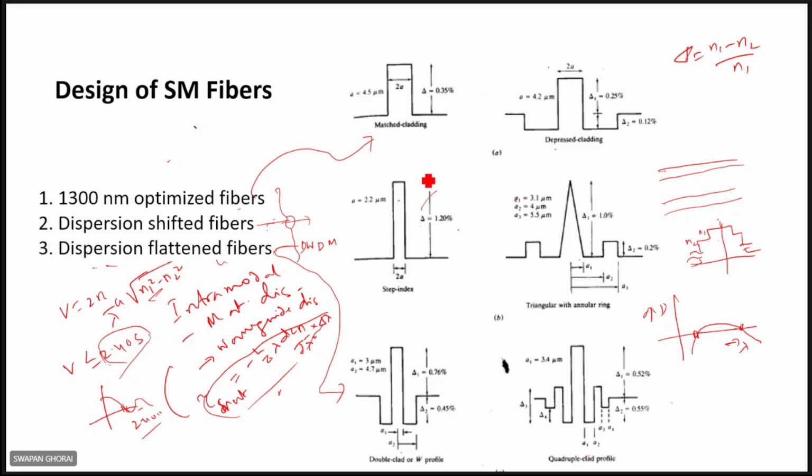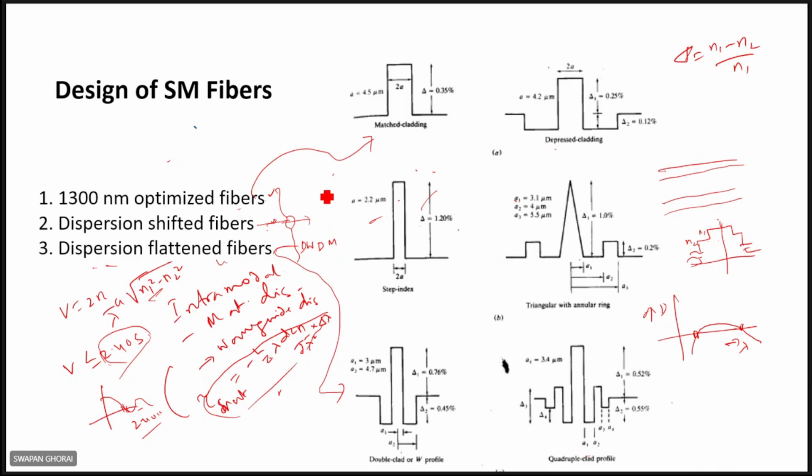The second one is dispersion shifted fibers, which I just discussed. And the third one is dispersion flattened fibers. These are actually used in telecommunication networks, very long distance systems.